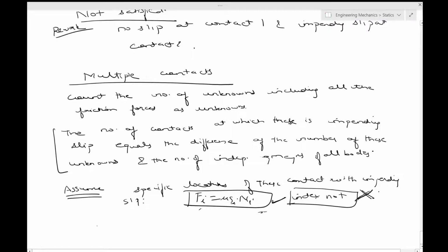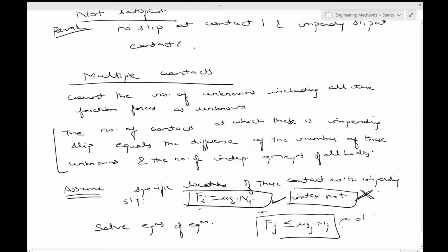Now again solve the equations of equilibrium, okay, and then check whether say Fj is smaller than mu Sj Nj at the other places, meaning other than these. So the other places would be no slip, right.